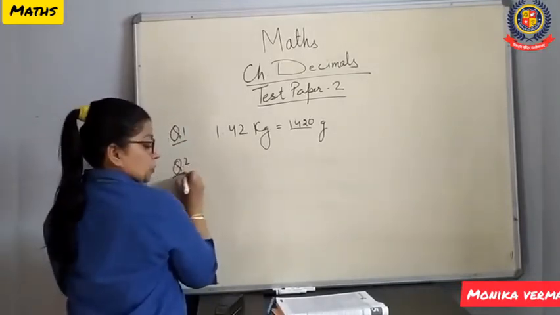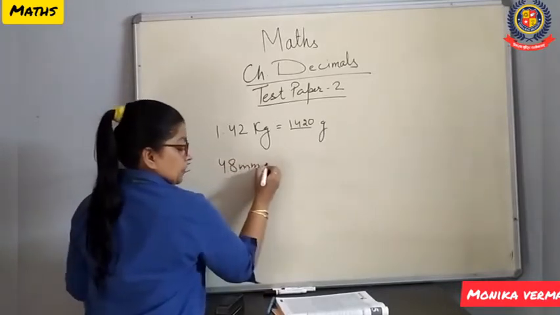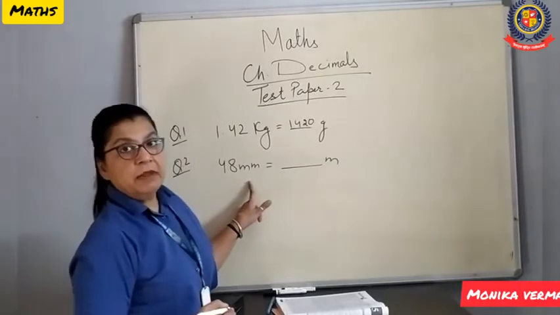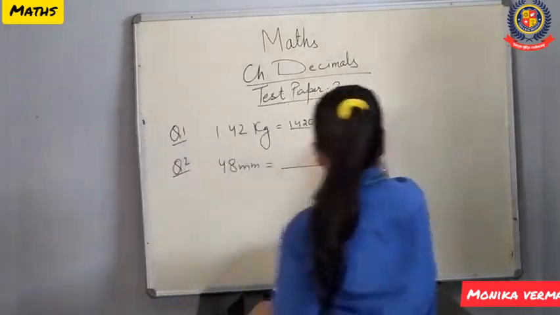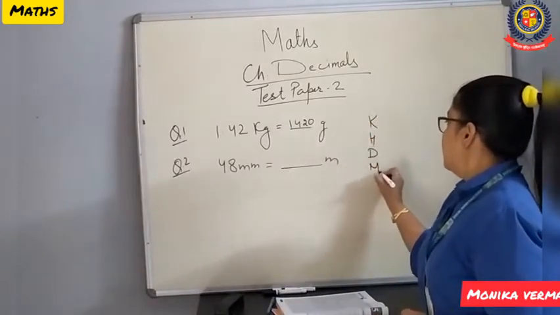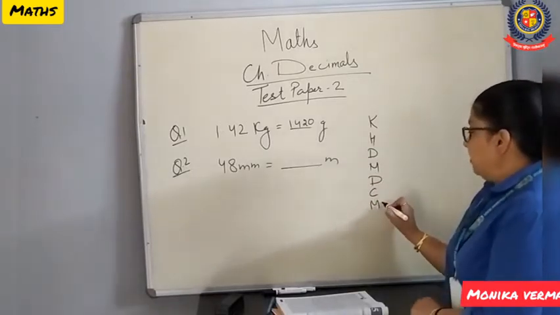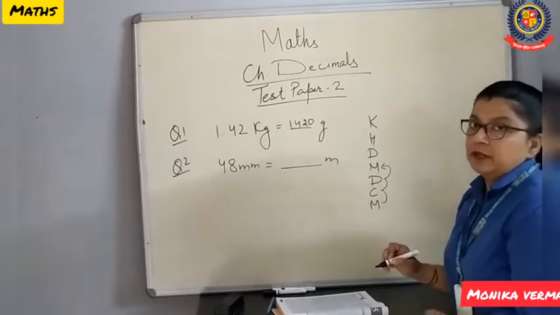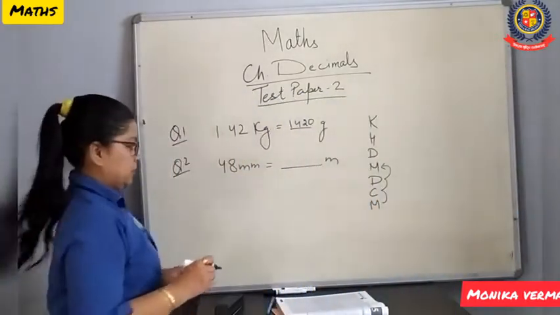Question number 2. 48 mm. Now we have to convert millimeter to meter. So let's see how much we have to move. King, Henry, died, mother, didn't, cry, mud. It means we are here, we have to do 1, 2, 3 jumps upward. 3 jumps upward means we have to divide it by 1000.